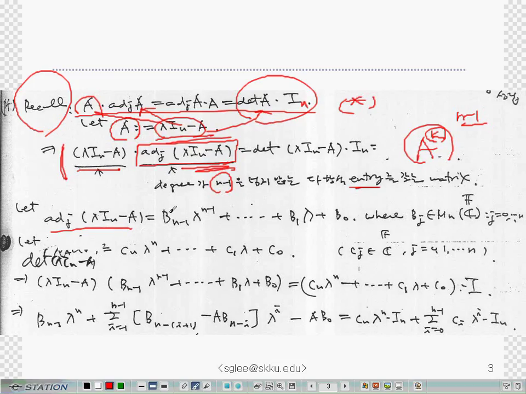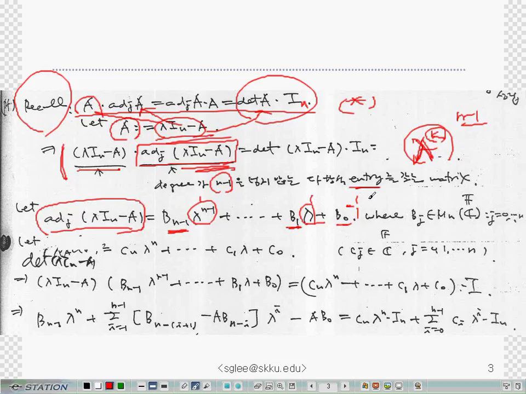So we can write it as a summation of matrices with the coefficients lambda. Here is lambda. We can write this adjoint matrix as a linear combination of matrices with these scalars.